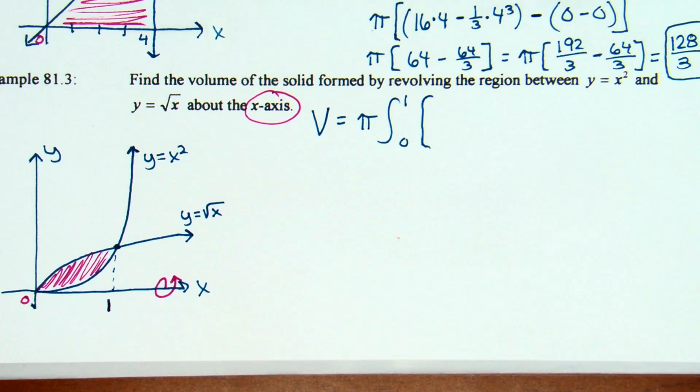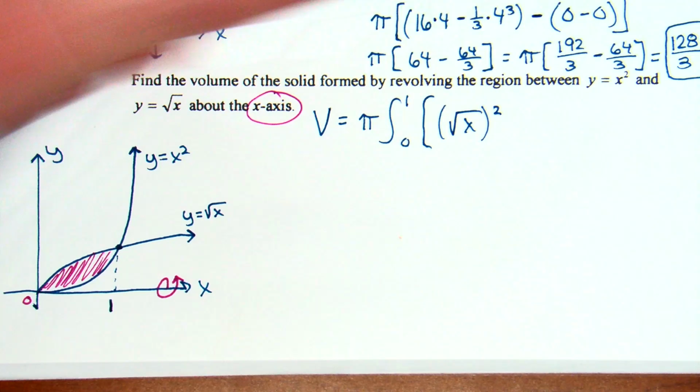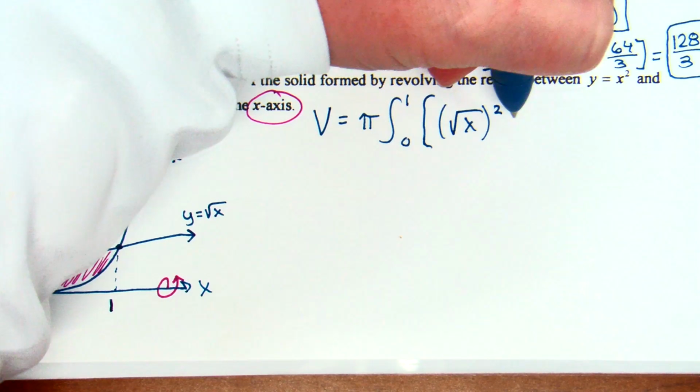Square root of x squared, because that's the top graph, minus x squared squared. It's a mouthful, but it's not bad.